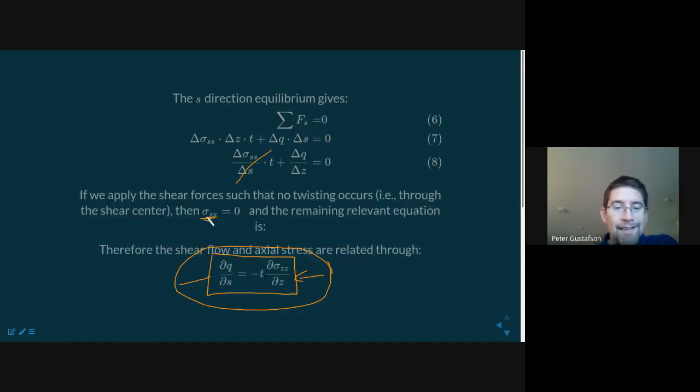Okay, and when sigma SS is 0, which we can do if we isolate bending from twisting by decoupling them, which we've already proven we can do, so we're going to assume that, and therefore sigma SS would be equal to 0. If sigma SS is 0, then its derivative is also 0, and then what's remaining is just dq dz equal to 0.